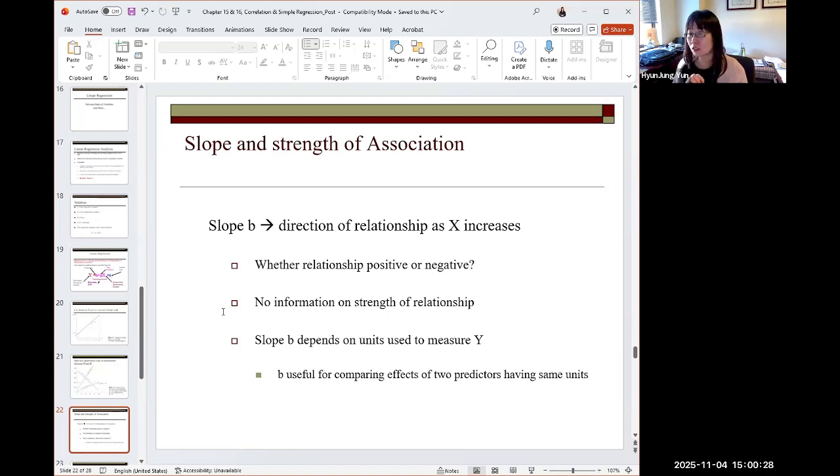For age, the unit of analysis is a year, and for income, it is a dollar, or $100, or $1,000. It's a totally different unit, and if you try to standardize them, it's forced. It's not natural, right?